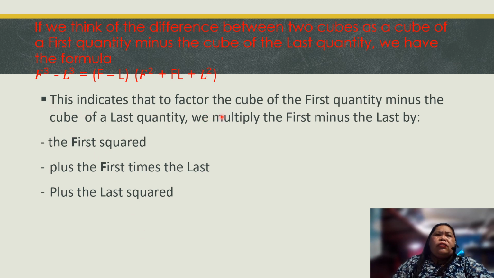This indicates that the factor of the cube of the first quantity minus the cube of the last quantity is the first minus the last, multiplied by the first squared plus the first times the last plus the last squared.